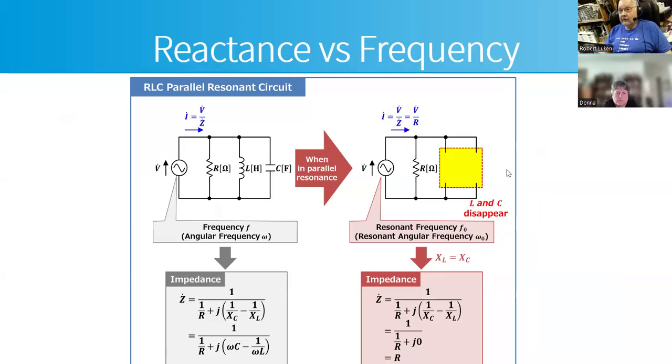When I get up above resonance at high frequencies, the inductor becomes an extremely high value, so it's effectively not there in the circuit, and the capacitor is starting to conduct current. So it becomes a low impedance in parallel with the R value.